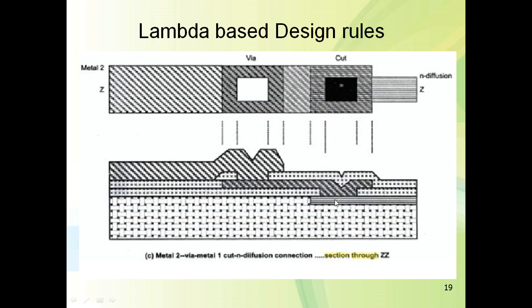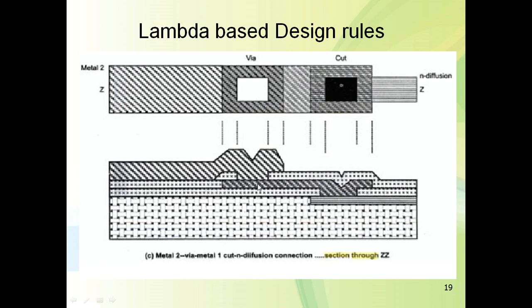So there is a direct contact between diffusion and the metal layer. This thin oxide layer is removed and there is a connection between the diffusion and metal 1. This is called a contact cut, and the connection between metal 1 and metal 2 is called a via connection.